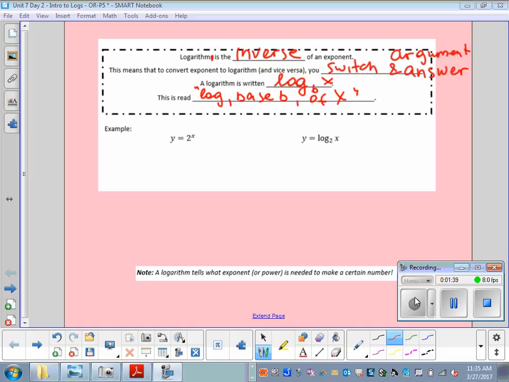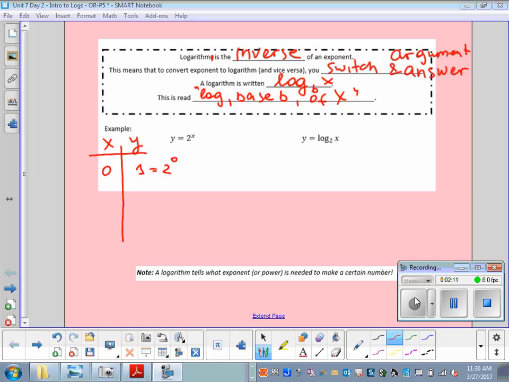So let's look at the example. If I have an exponential function y equals 2 to the power of x, the inverse is y equals log base 2 of x. So if I'm looking at my exponential function and the xy table, if x is 0, then my y is what? 1, which is 2 to the power of 0.